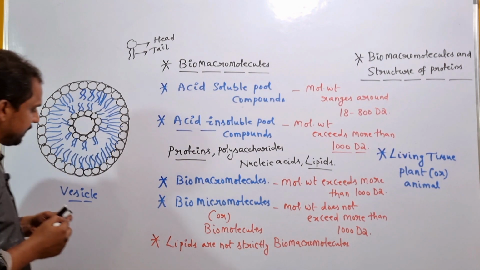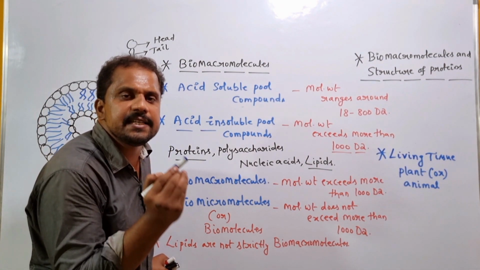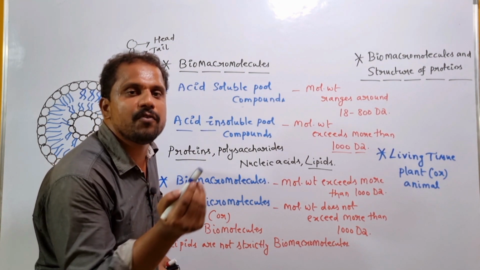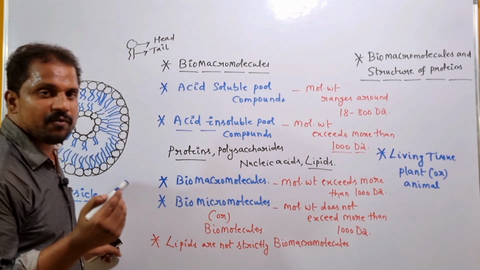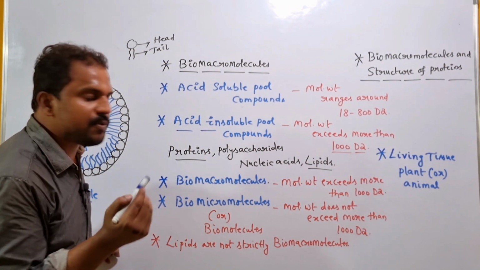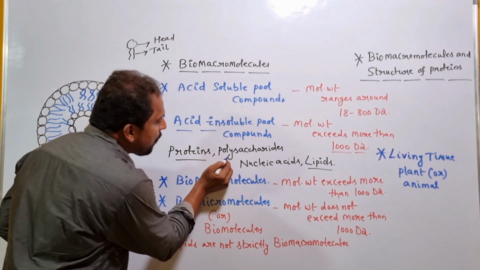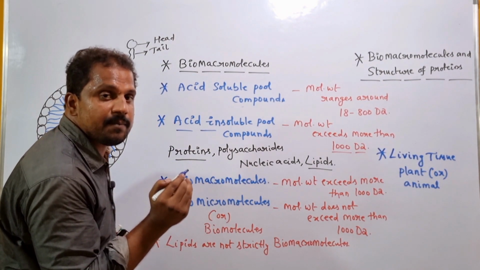In general, the vesicle won't dissolve in water because it is made up of phospholipids, which are hydrophobic in nature. All the other compounds placed under the acid insoluble pool, like proteins, polysaccharides and nucleic acids, contain some particular charge.